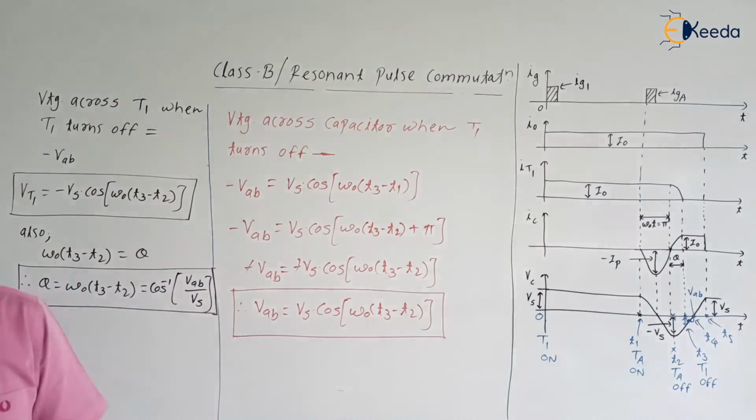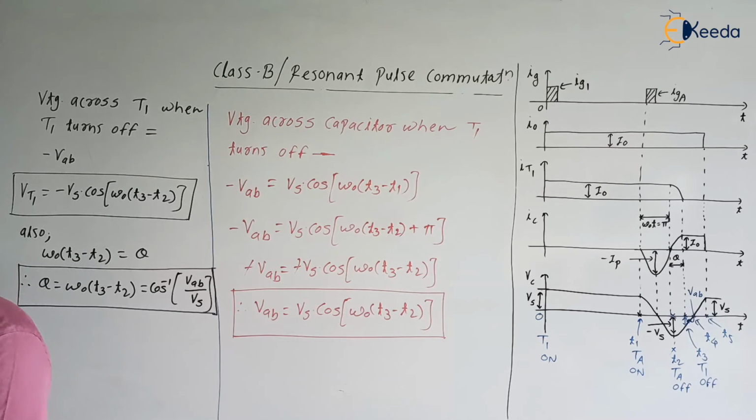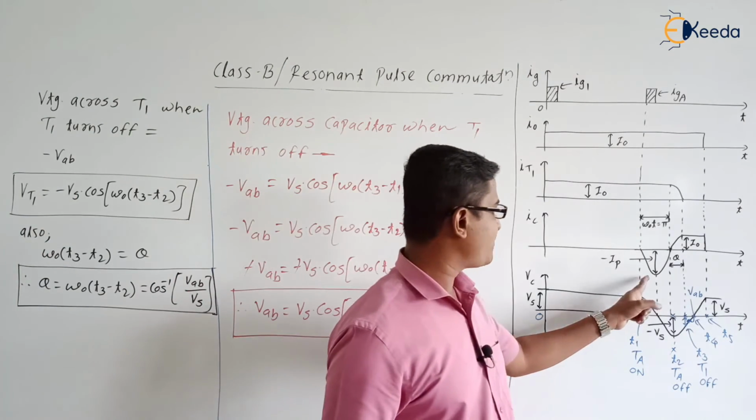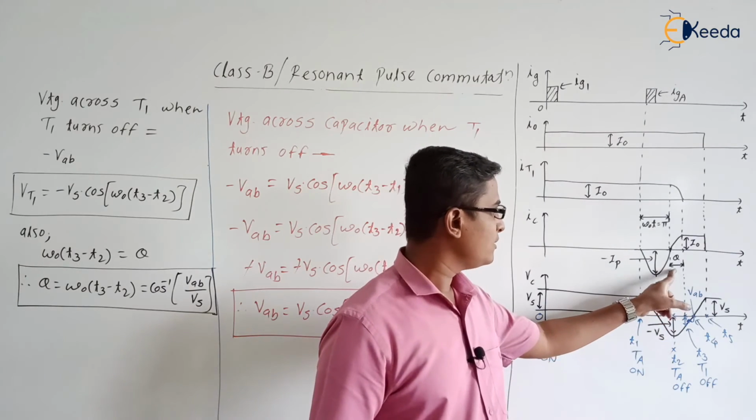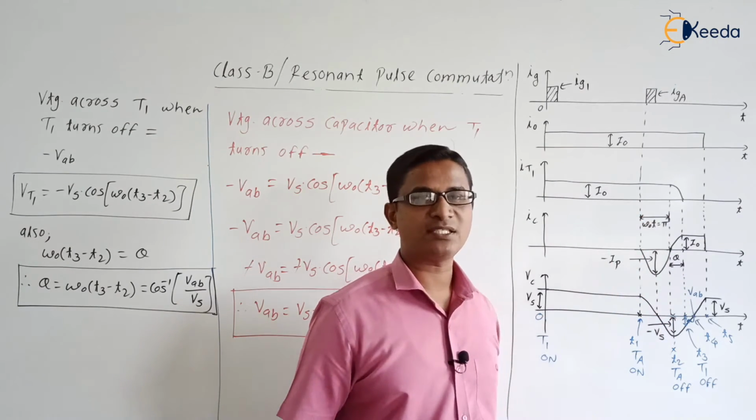Next, after VAB, further, we know the expression for IC. So from this, can we find the expression for theta?